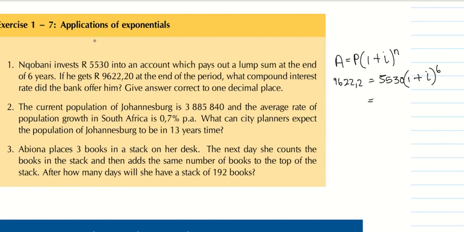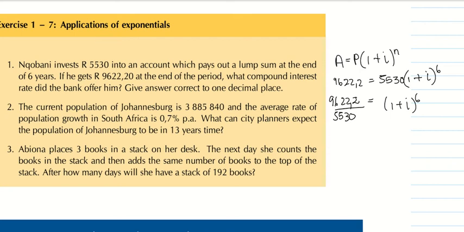First I want to get rid of the 5,530, so I'm going to divide on both sides by 5,530. So I get 9,622.2 over 5,530 on this side, and then I'm left here with only (1 plus i) to the power of 6.